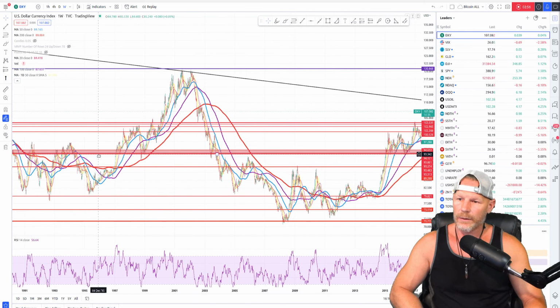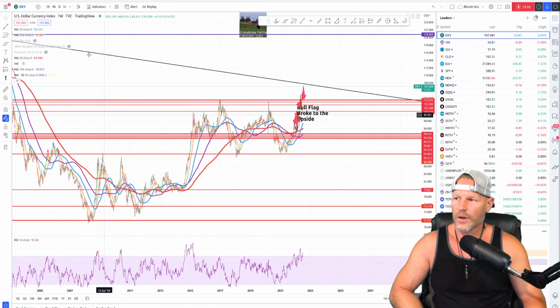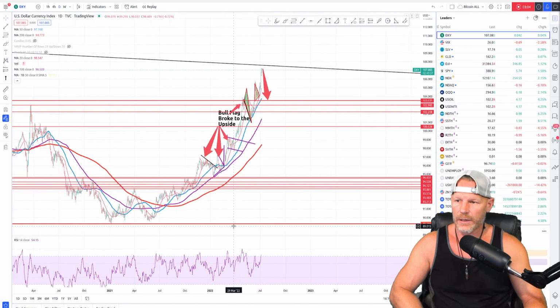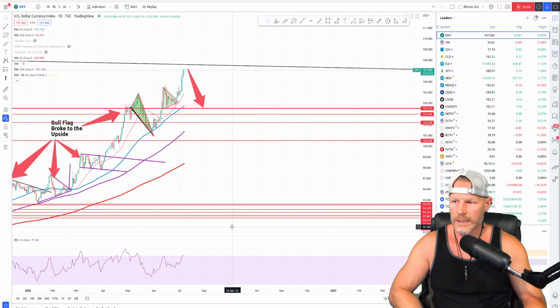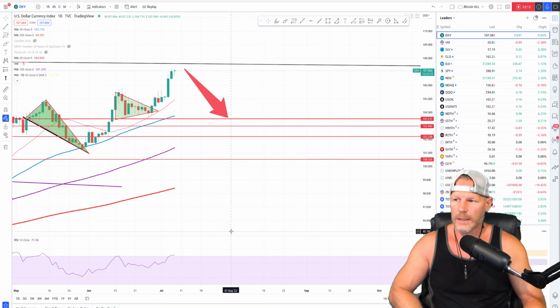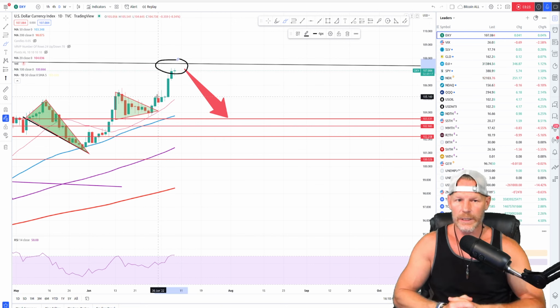Now this trend line is not exactly accurate. So you have to understand, when we zoom back into the daily chart here and look at where we're at, that is closing in on this line that I have drawn. You have to understand there has to be a little bit of a variable space. So I believe this right here constitutes a touch of that line, which again, we have not touched for 20 years.